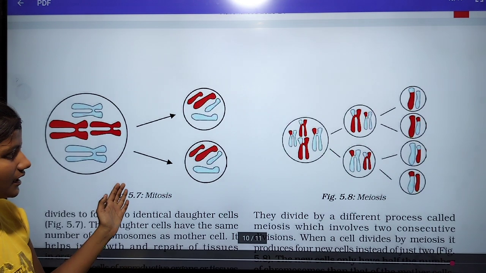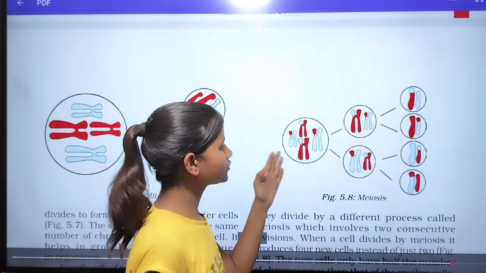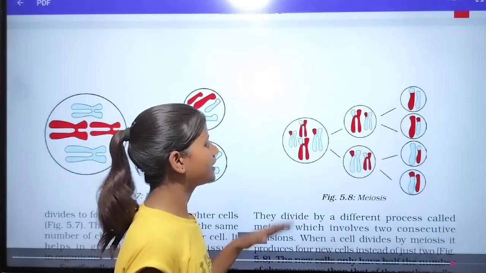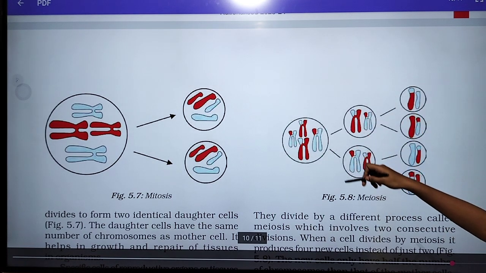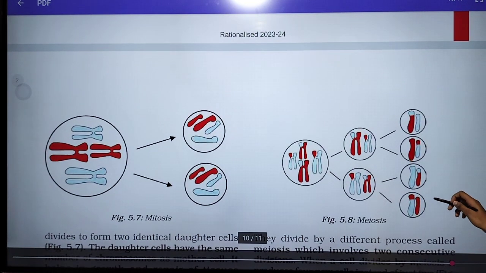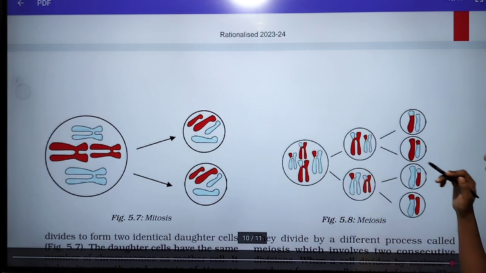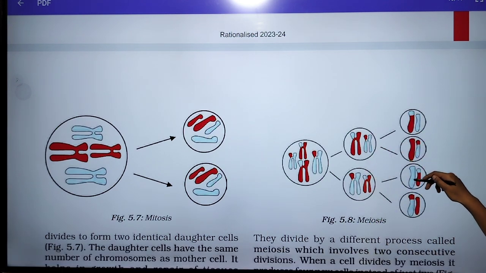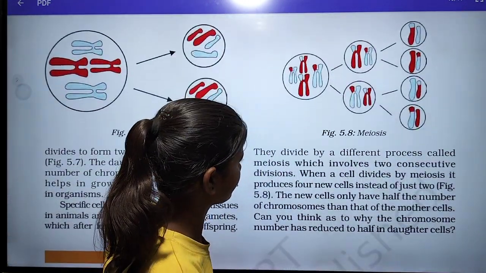In meiosis, the number of chromosomes present in the mother cell is directly halved in the new cells. If there are 4 chromosomes, then in the new cells it is halved: 2, 2, 2, 2, and it forms 4 new cells.